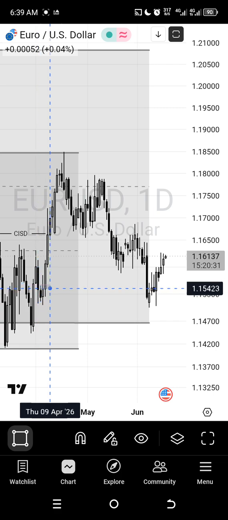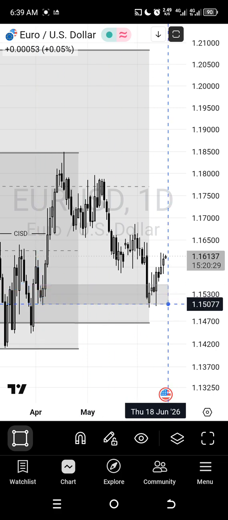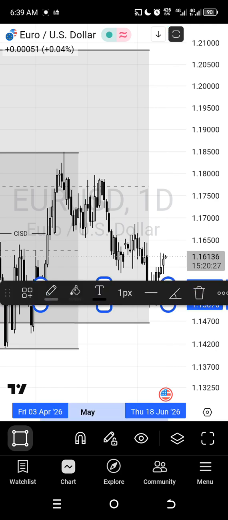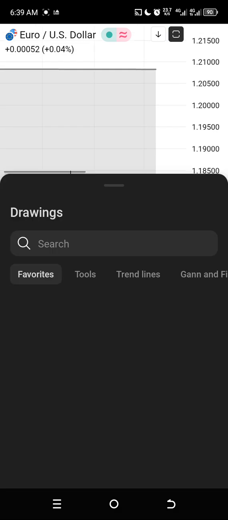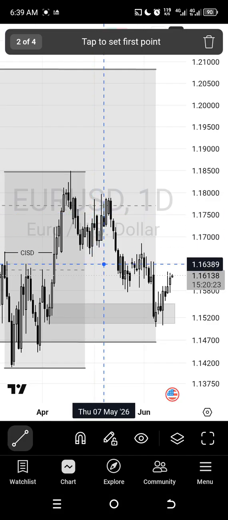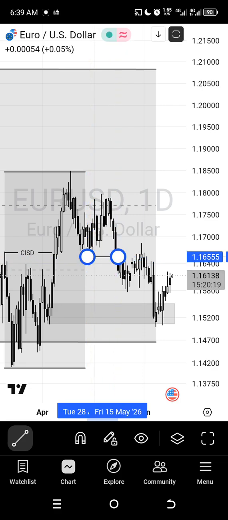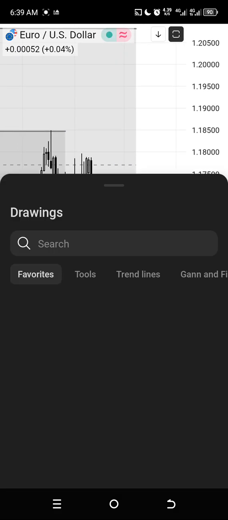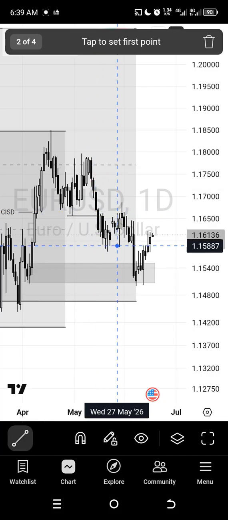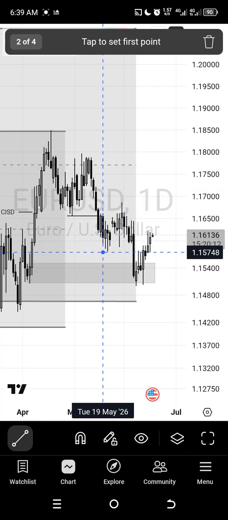We got this bullish order block within this daily range, and we also got this internal bearish structure we should take into consideration. This internal daily range you should take into consideration.